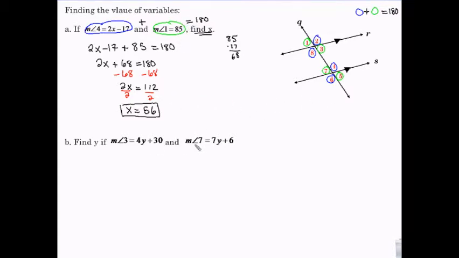Okay, here I have 3. Angle 3 is green, and angle 7 is also green. And green angles are equal to each other. So I'm going to set these two things equal to each other. So 4y plus 30 is equal to 7y plus 6.